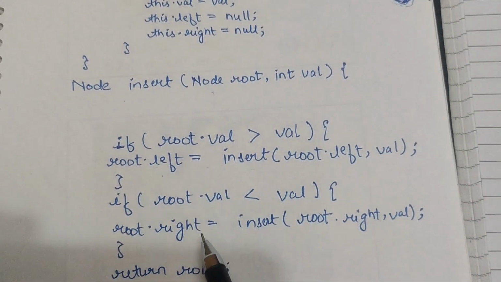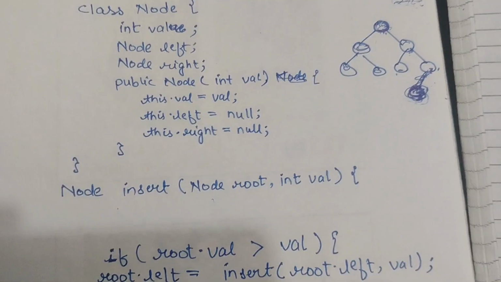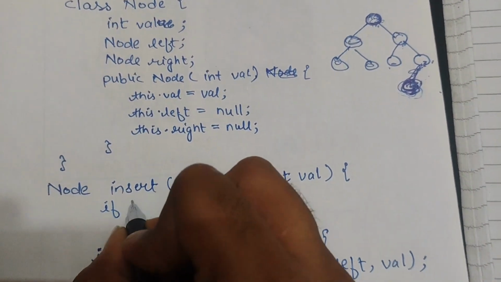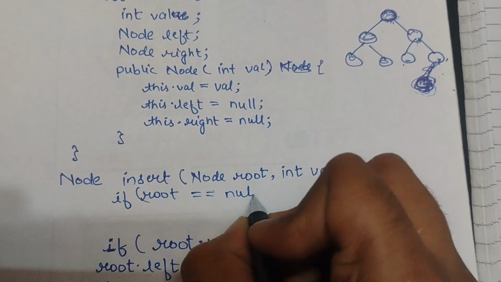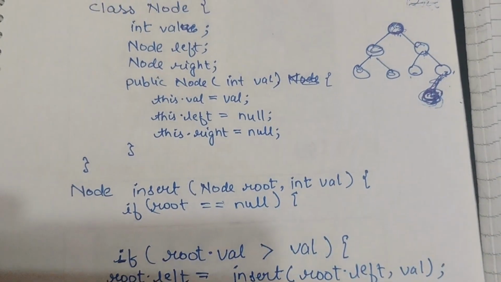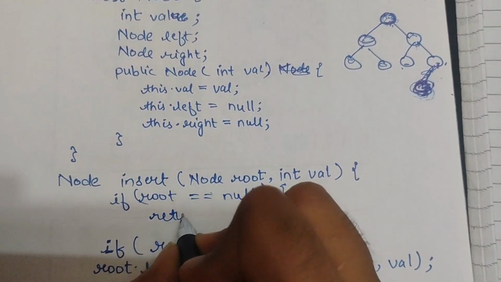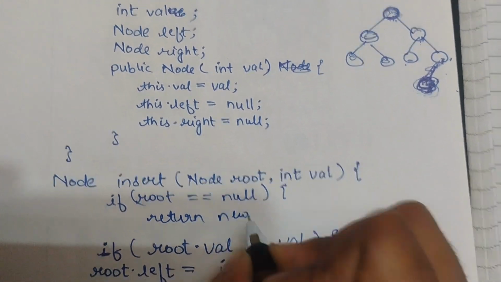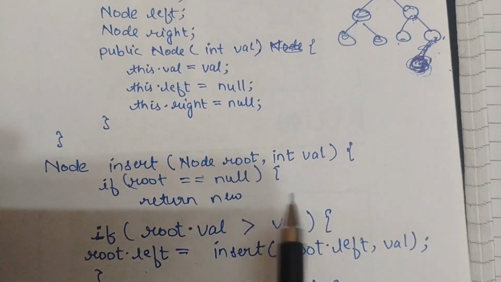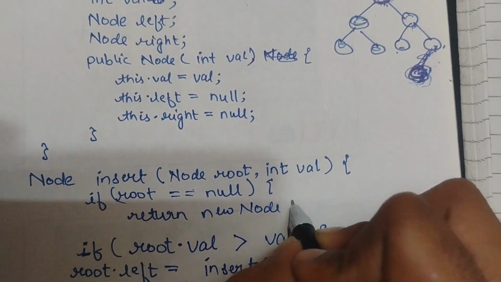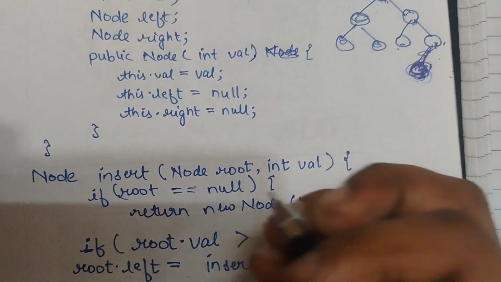So now there is no condition for null, and I have to write this condition. Now I will write: if root equals null, then I will create one object of node, return new node and pass on this value.